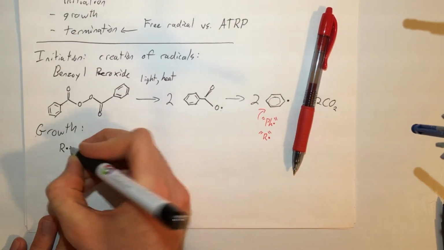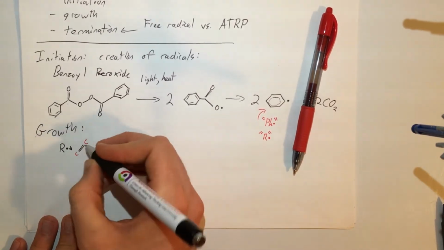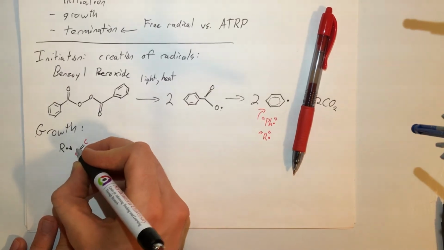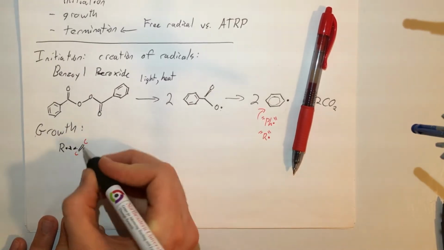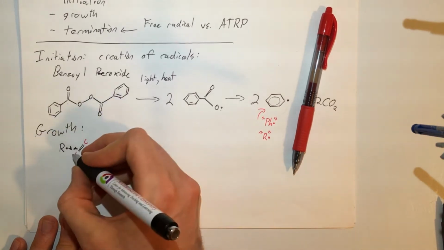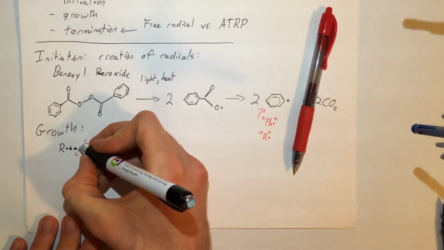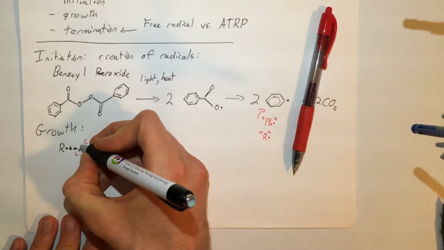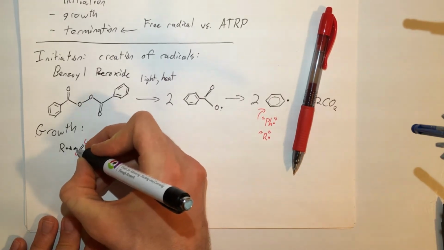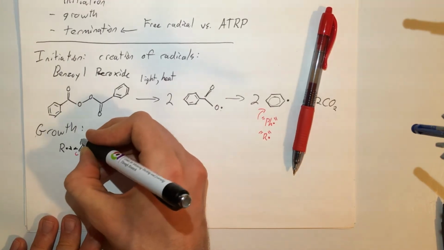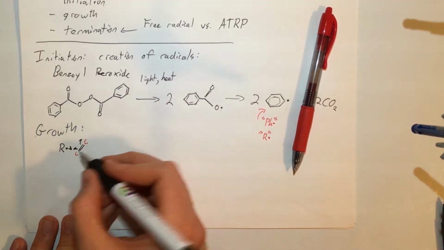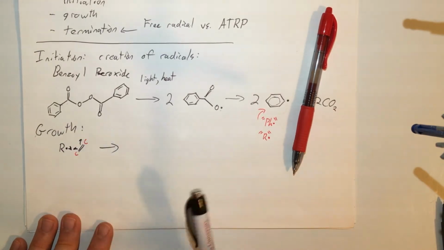Well, the electron from the radical and one of the electrons from the double bond interact with each other and create a new bond. Meanwhile, the other electron associated with the pi bond from this carbon-carbon bond becomes unpaired. And what happens as a result?